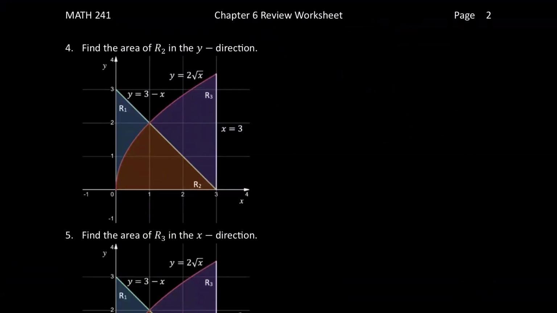Okay, number 4, we're finding the area of region number 2, but this time I'm going to do it with respect to y. So those rectangles are horizontal rectangles.